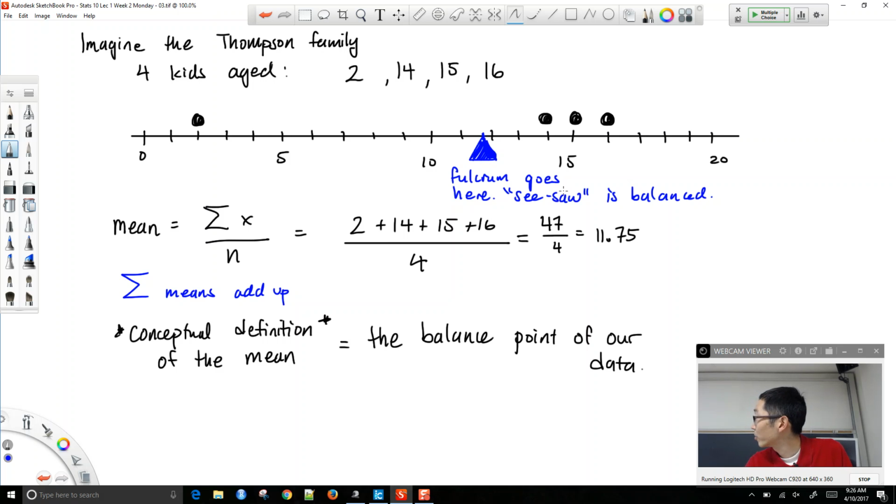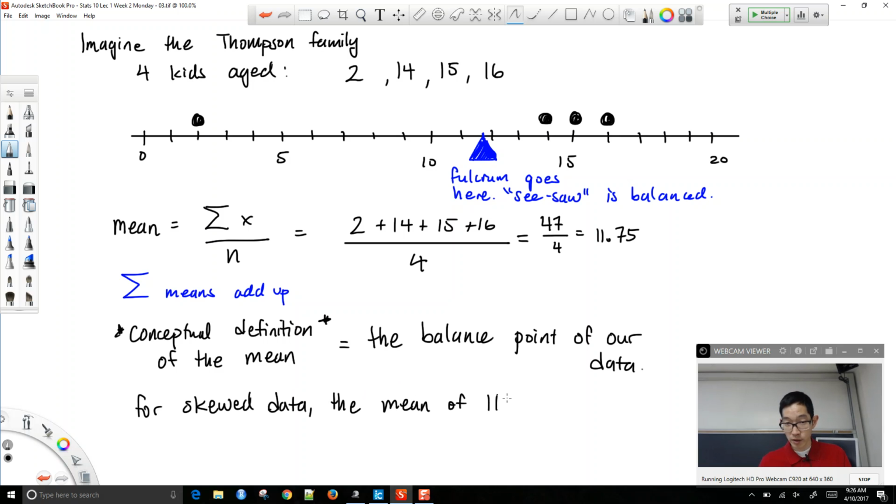But then they also have a 2-year-old. And so saying that the average age is just under 12 years old, while technically correct, doesn't really tell the whole story. Okay, so in this case, for skewed data, the mean, let's say 11.75, does not really tell the whole story.